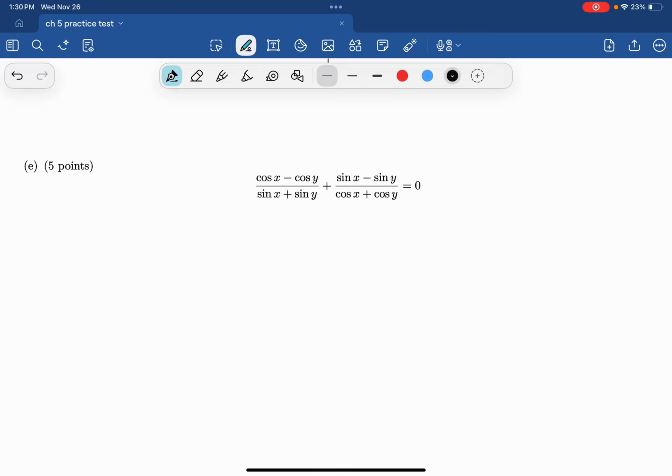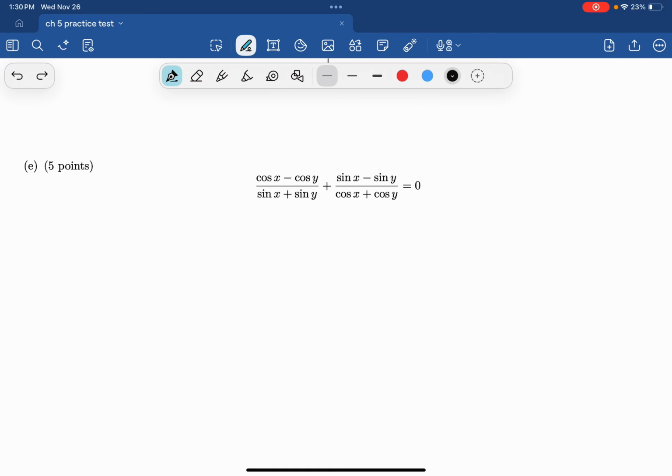Okay, so we have an addition of two fractions, which means that we should get a common denominator first. And so I'm not going to show it out entirely, but essentially we just cross multiply and add those in the numerator, right?